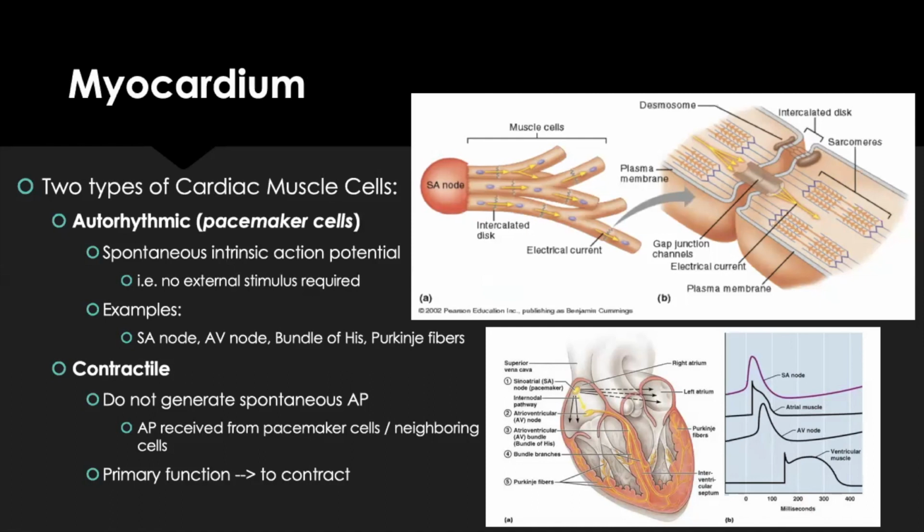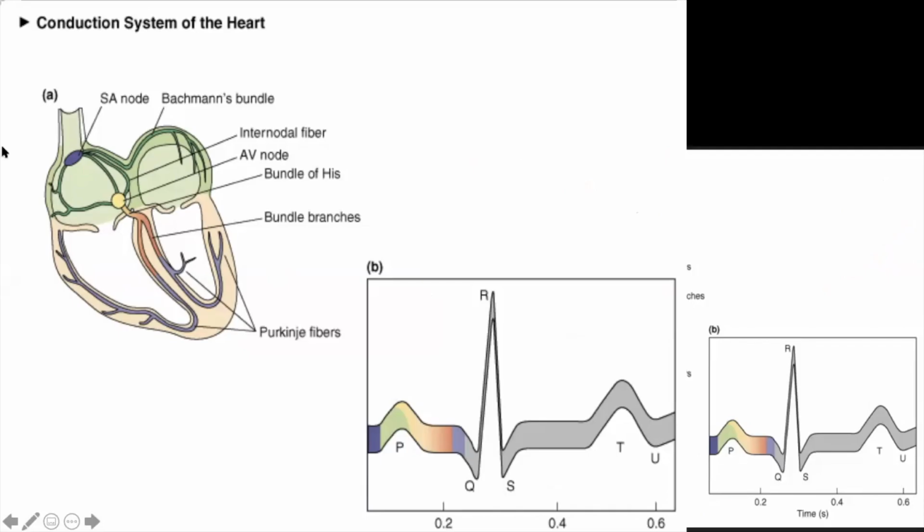It has its own stimuli for contraction, and that is produced by these pacemaker cells, particularly the SA node right here. The SA node will depolarize the heart, and it begins at the atria, and then it will go down and depolarize the ventricles. This is another picture of it, but this kind of goes into more depth of what is happening during an EKG.